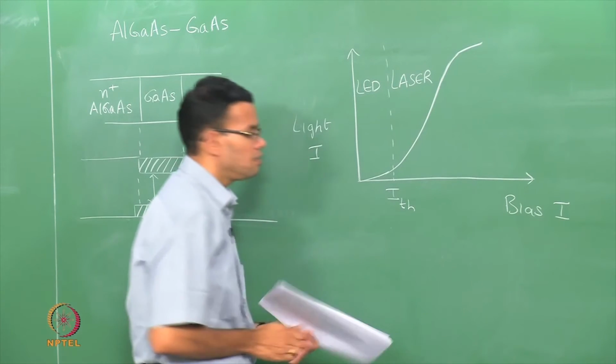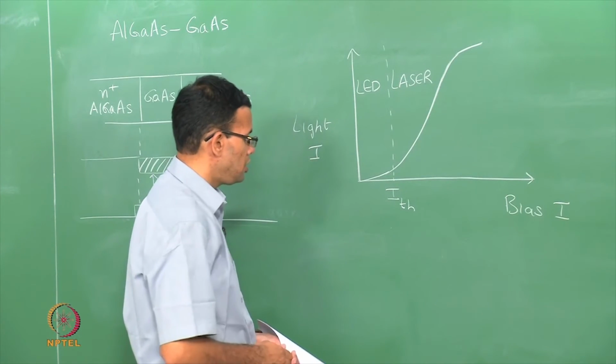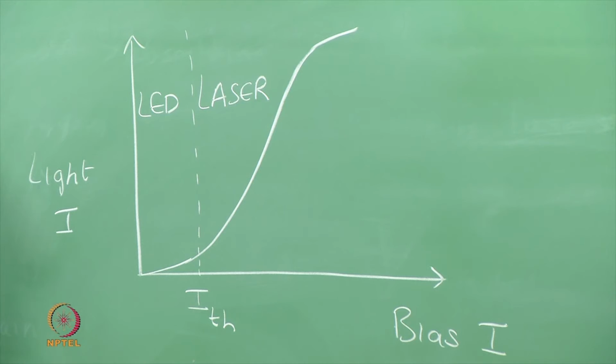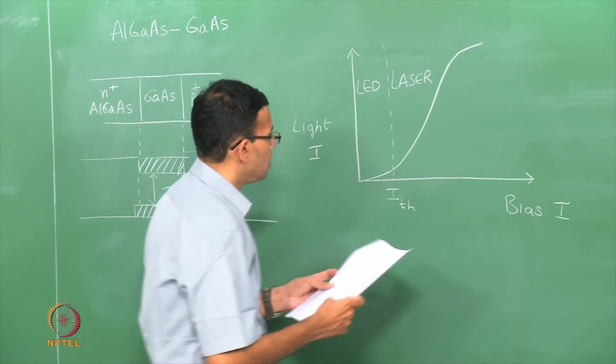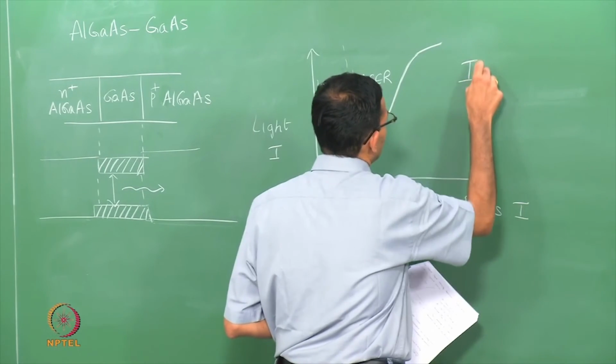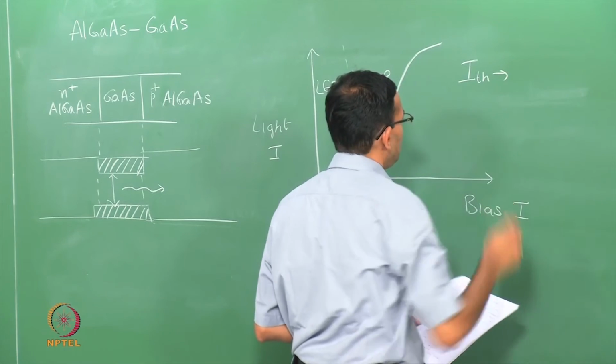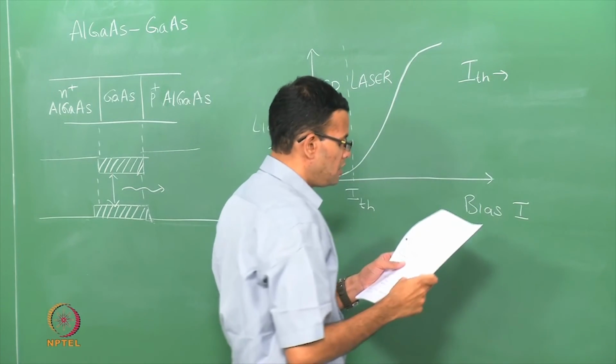We saw earlier that this threshold current depends upon the threshold gain, which says that you must have emission greater than absorption. This threshold value not only depends upon the material, but also depends upon the design.